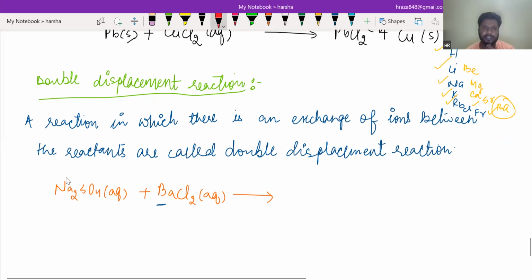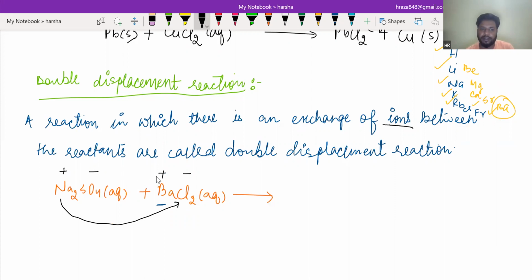So what happens here is very easy to understand. This is the positive part, this is the negative part, this is the positive part, this is the negative part. According to the definition, there is an exchange of ions, so this positive will go with the other negative, and this positive with this negative. Then what will form?